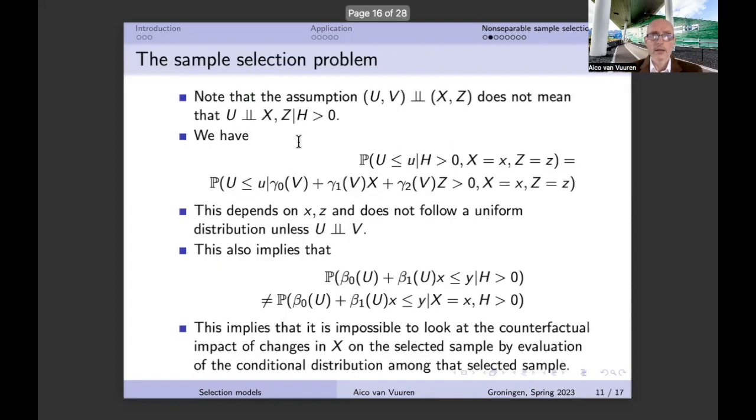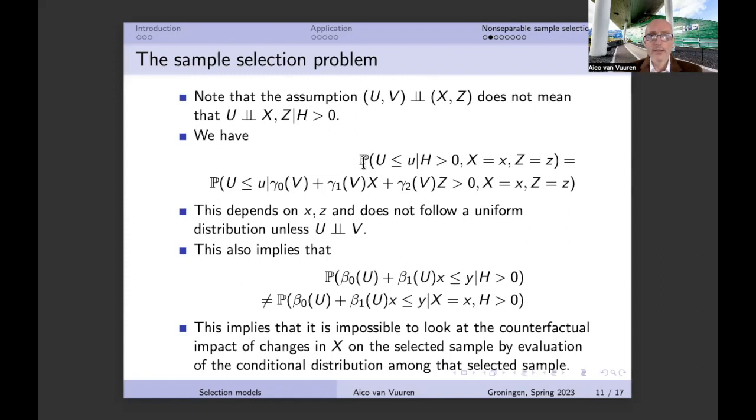And we can actually show that even though u and v are independent from x and z, u generally is not going to be independent from x and z when we look at the so-called selected sample, those observations for which h is strictly positive. So you could also say I is equal to 1.